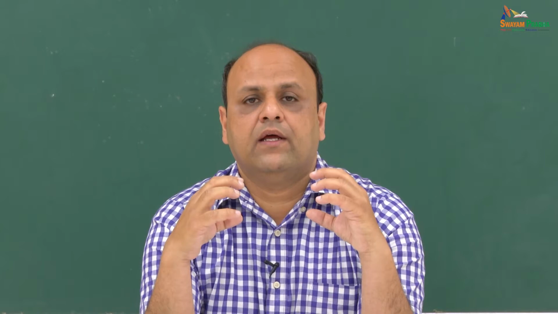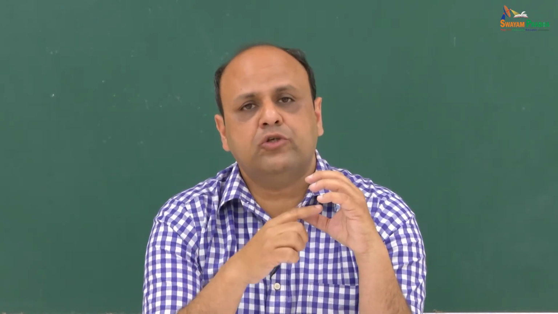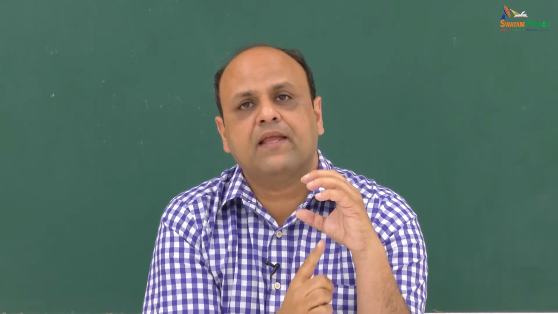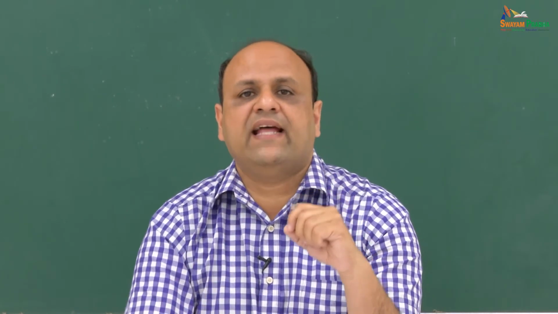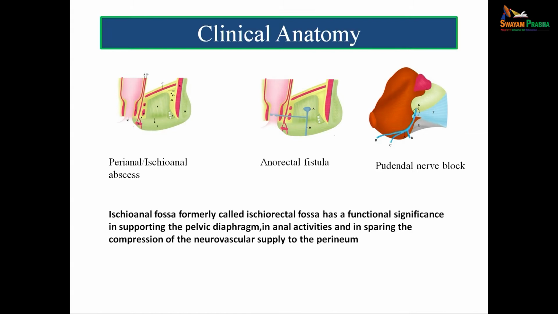That is what is called the fistula in ano. This fistula may be formed inside, or it may also be formed outside in relation to the perineum. This is shown in the slide. One line is going inwards into the pink portion, which is the anal canal, and the other line is going outwards towards the perineum. So a fistula formation may take place in relation to the ischioanal fossa.